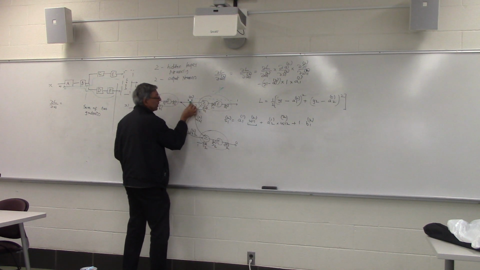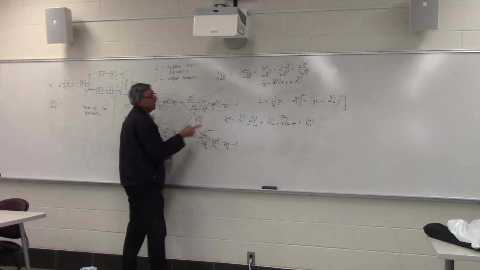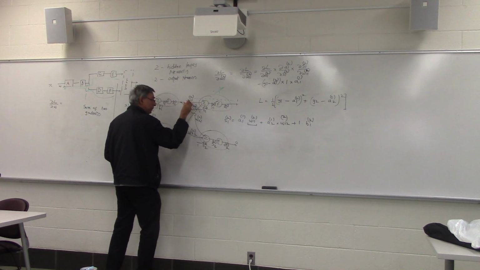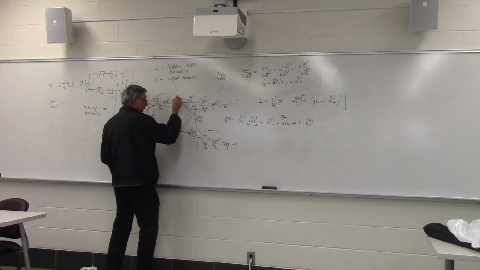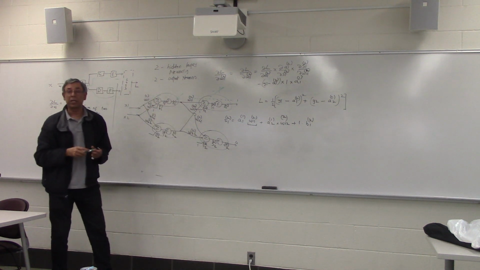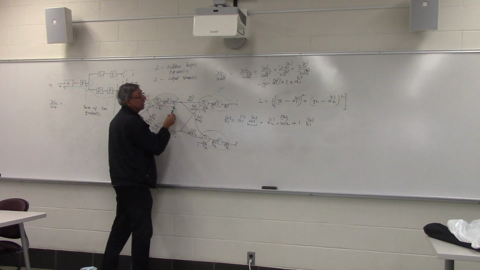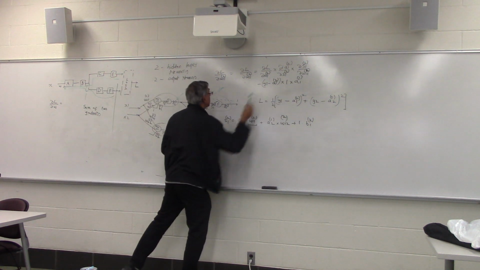As we go from here to here, essentially, if this is the path we are following, it's taking a look at the previous output. The previous output is A1 of 1, so that's why this will show up.